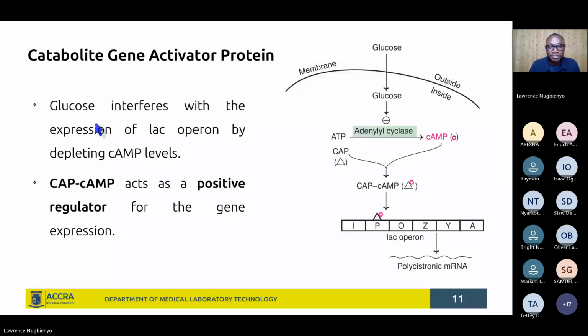Now, say in terms of carbohydrates that provide energy to the cell, E. coli, the cell, will preferably go for glucose than to be going for lactose, because the glucose is the primary source.